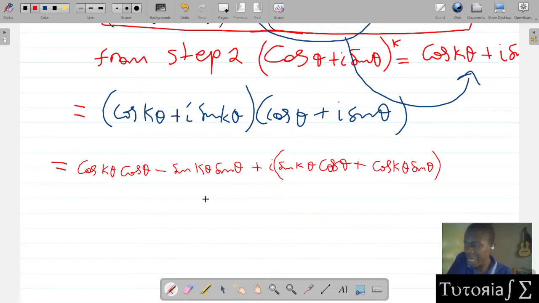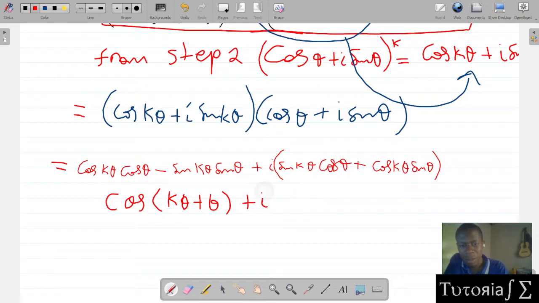What you can see here is that this is coming from an identity you might know: cos k theta cos theta. So this is actually coming from the identity cos of k theta plus theta. If you remember that identity, when you distribute this times that, you will get that. Plus i, and this is coming from the identity of sine, sine of k theta plus theta.